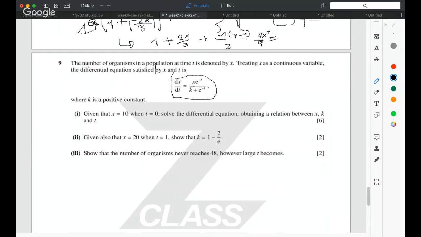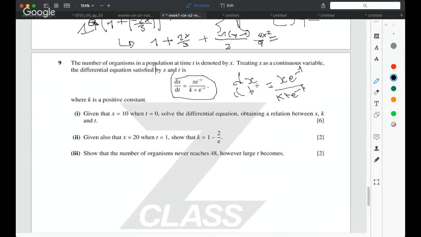You put all the x at one side and all the t at the other side. Oh, yeah. You separate the variables. So how do you separate the variables? What are the variables here? dx by dt is equal to x e minus t over k plus e minus t, right?